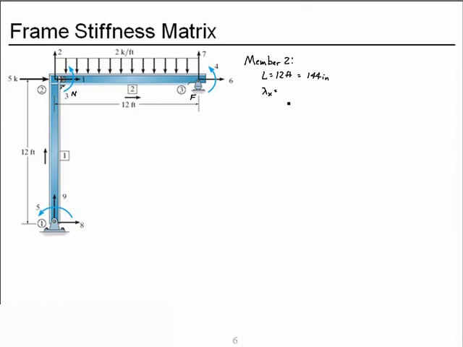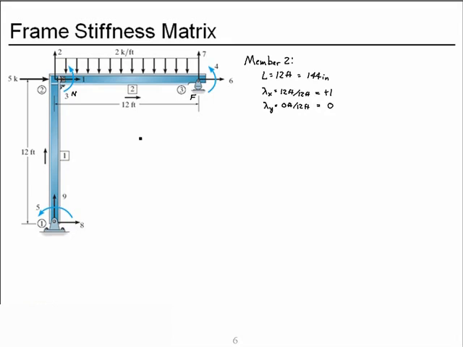Lambda x, directional cosine, is the change in x coordinate, that's 12 feet, divided by the length, and so lambda x for this member is +1. Lambda y is the change in y coordinate, which is 0, divided by the length, and in this case lambda y is 0.